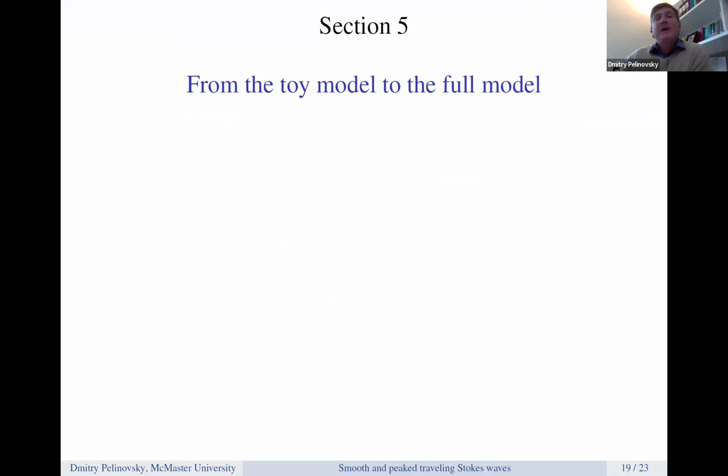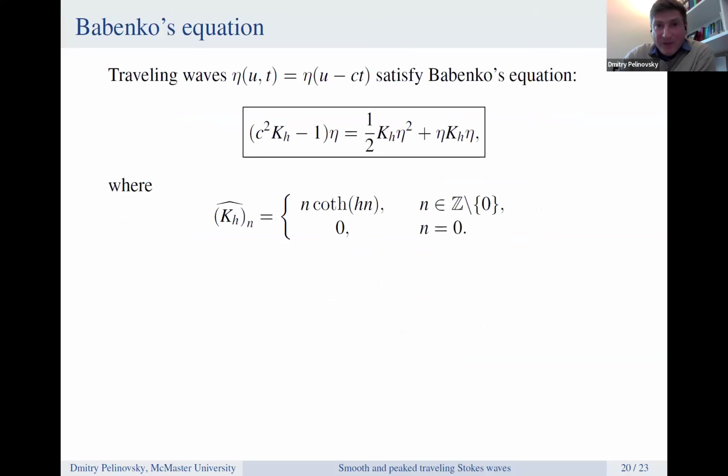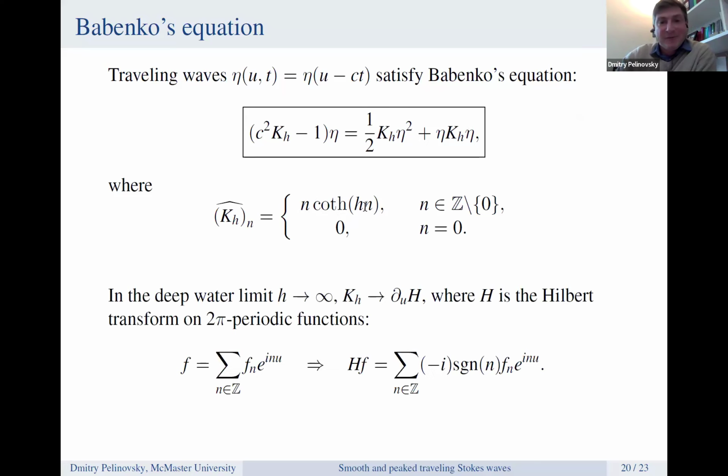And so with this, I think I finished my part on the toy model, and in the rest of my time, I can explain some other exciting features of this Babenko equation and maybe the linearized Babenko equation outside of the toy model. So I'm back to the Babenko equation with the full dispersion here, and we can inspect it for any h, but because it was an undergraduate project, it had limited time.